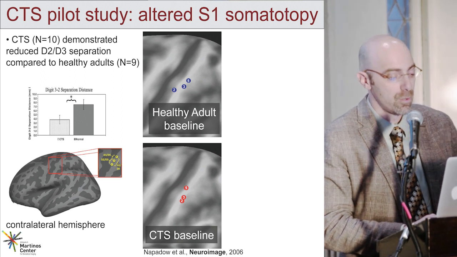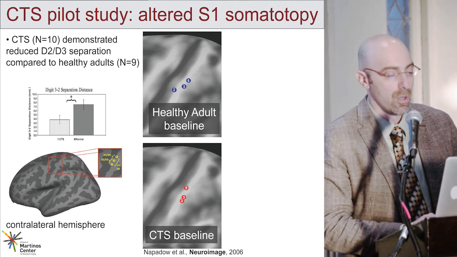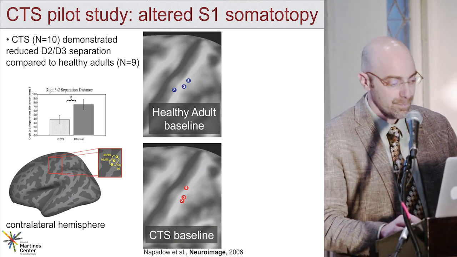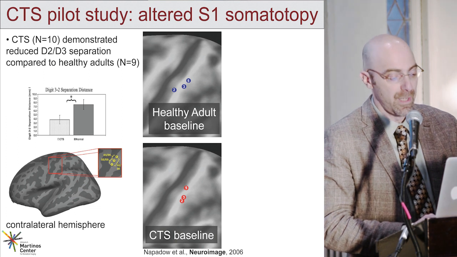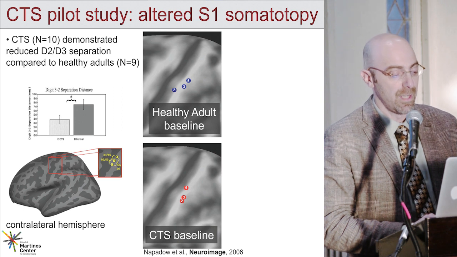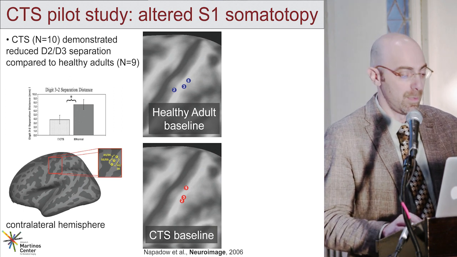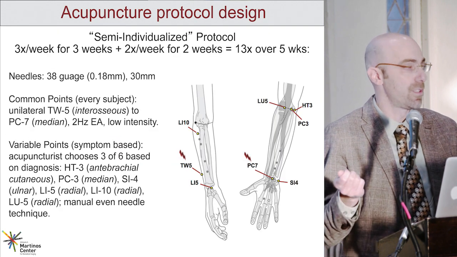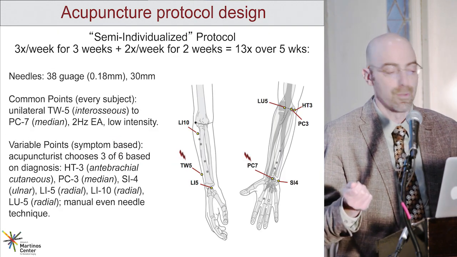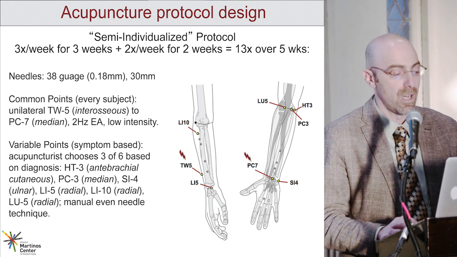So you can see these are much closer together than they are in the healthy adults. Whereas the separation of the ulnar nerve innervated pinky or little finger, digit 5, is still nicely and normally separated in these patients. So that was a really interesting finding, and that was one of actually the first imaging studies of carpal tunnel syndrome patients in general with functional MRI.